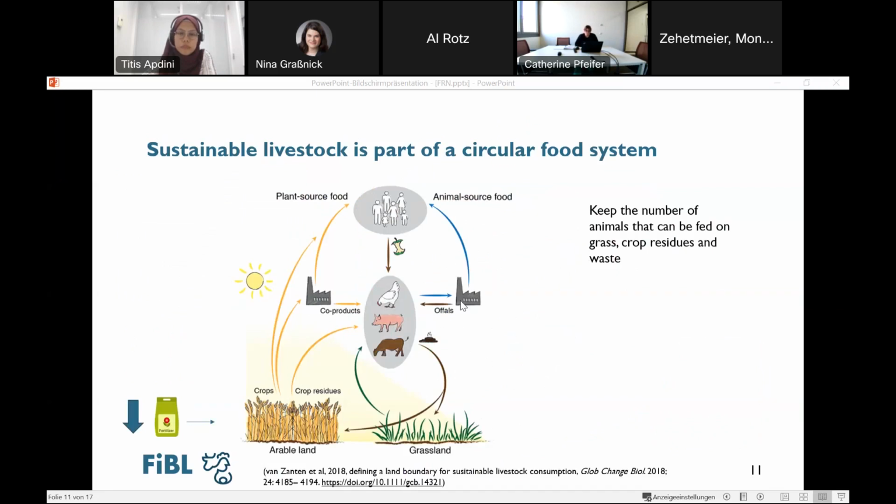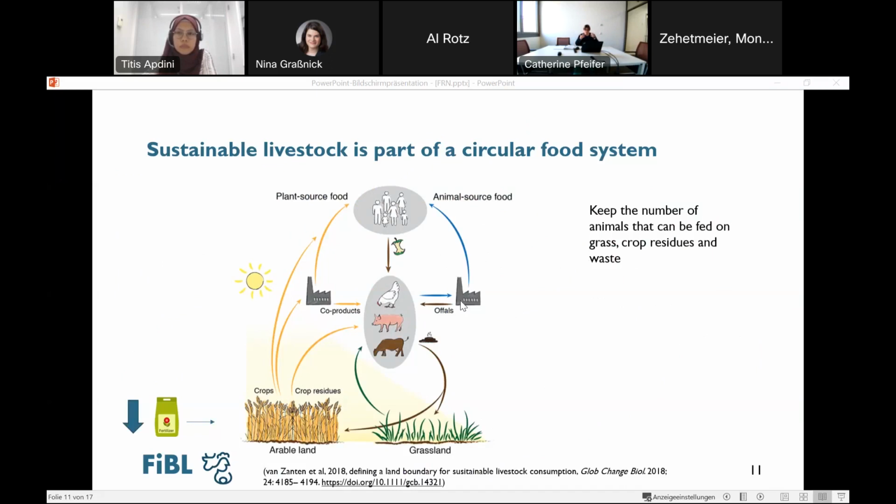system. A circular food system is one where we put animals at the center and say we will keep those animals that will help us close any cycle in the food system, and that's quite easy. Human beings do not eat grass, therefore we put animals on it.